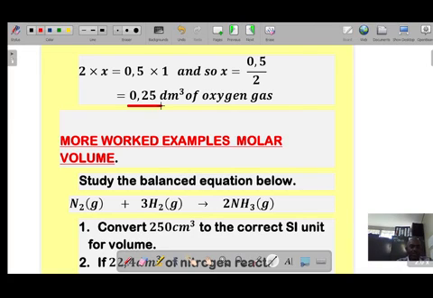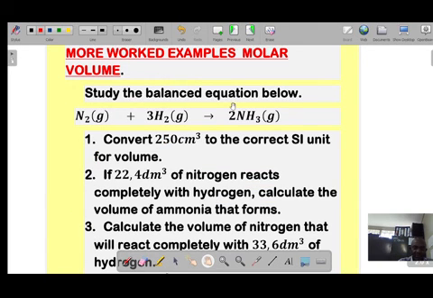Okay, more examples on molar volume. Let us proceed here. Study the balanced equation below, that is nitrogen plus hydrogen to give us 2 ammonia. Convert 250 cubic centimeters to the correct SI unit for volume. Now, volume must be in decimeters cubed. So what do we do? Divide by 1,000.